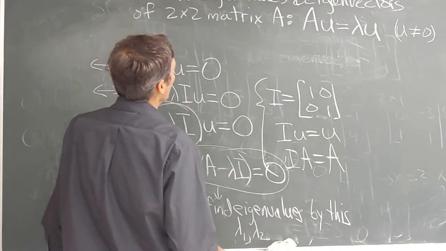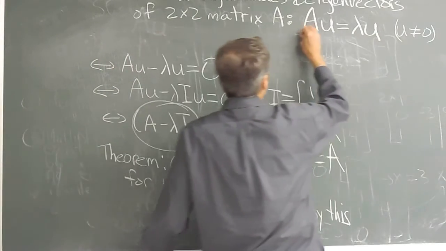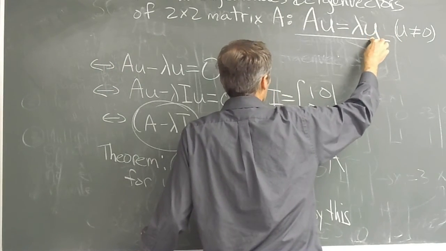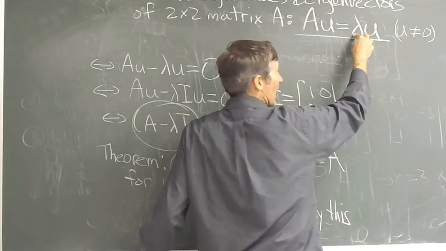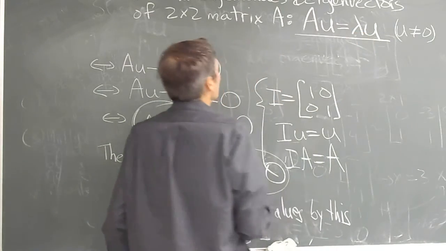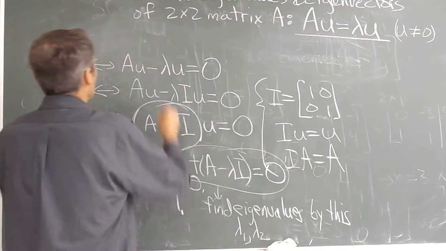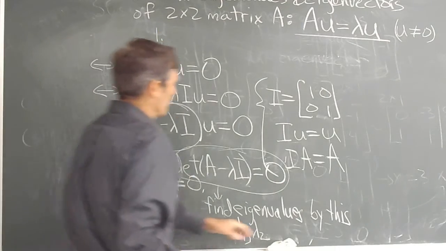Alright, so what we want is a non-zero vector u, and any number lambda, which could be 0, such that Au equals lambda u. Here's how we find it. We solve two equations.